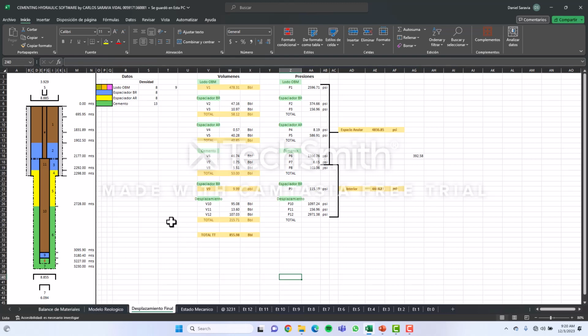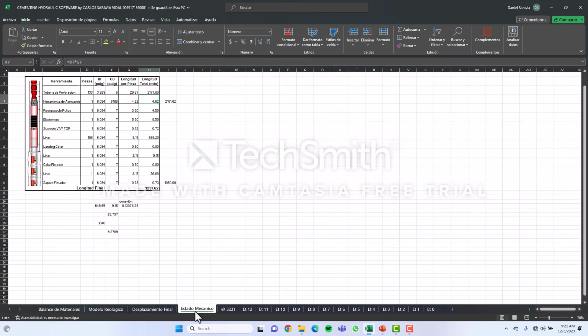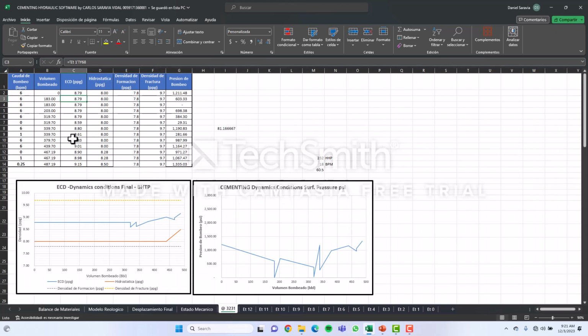Also, there is another standard global best practice that there should be at least 1,000 feet of length to calculate the volume of the spacer, and also according to the pumping rate. That's why we have in the simulation the pumping rate and the volumes, and we have the surface pressure also.